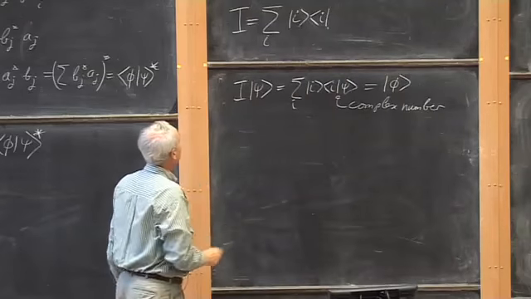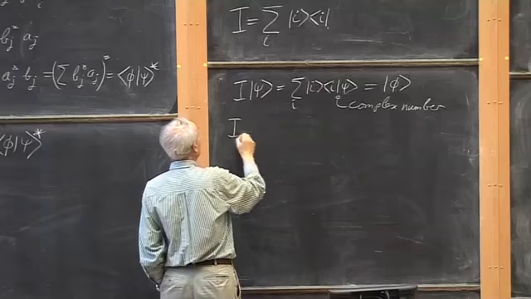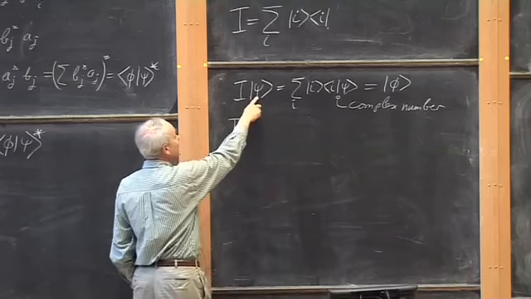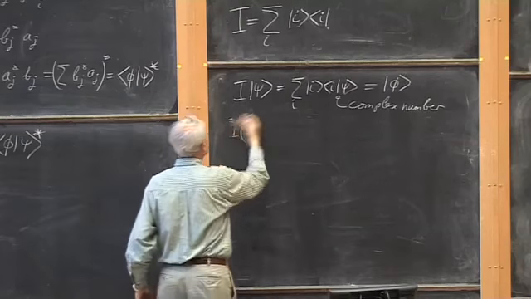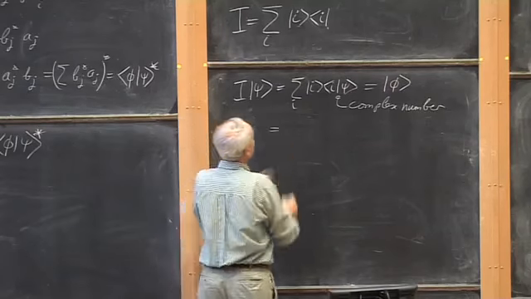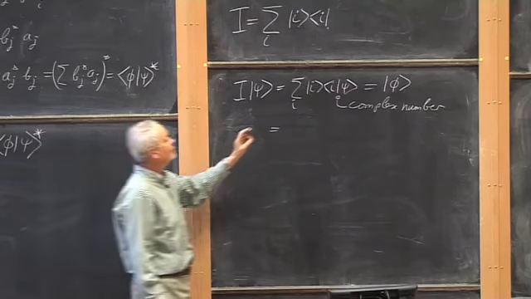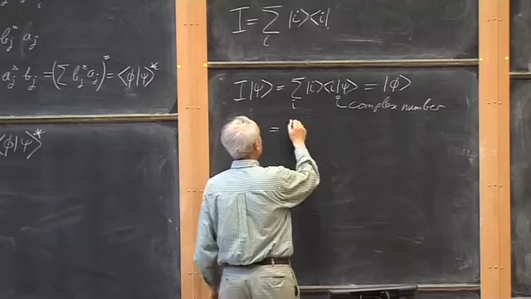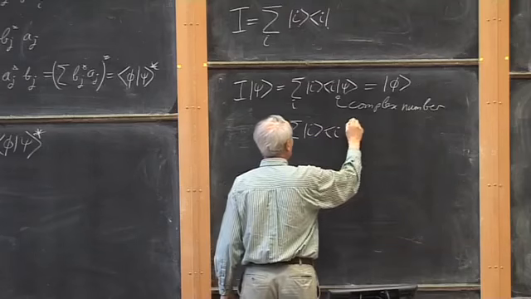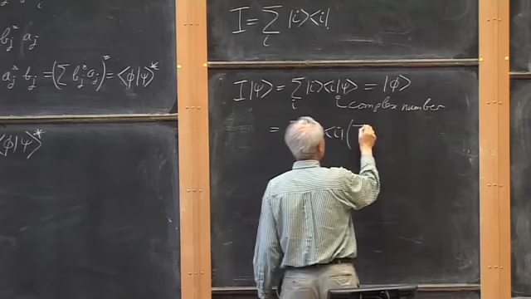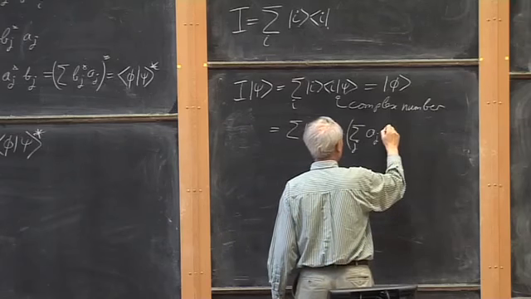Now, let us replace this psi with its expansion, sum ai i. So I can write this as the sum i |i><i| on, and this is going to work on, the sum over j of aj |j>.